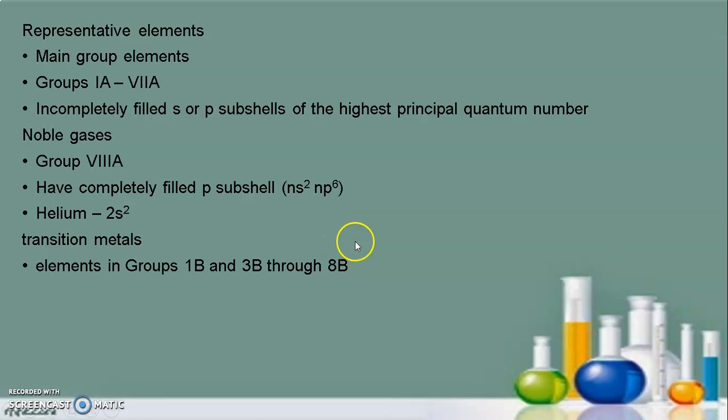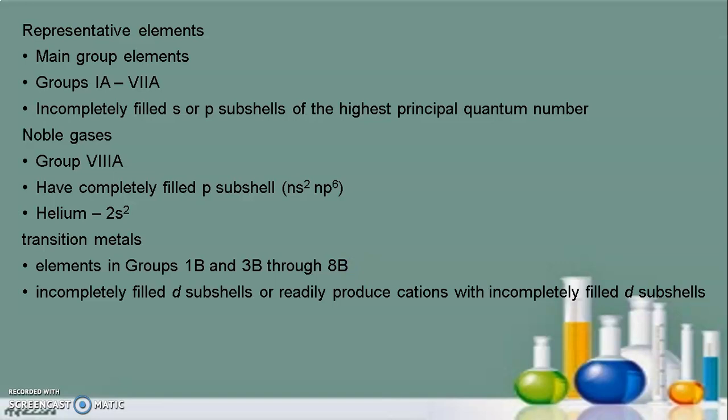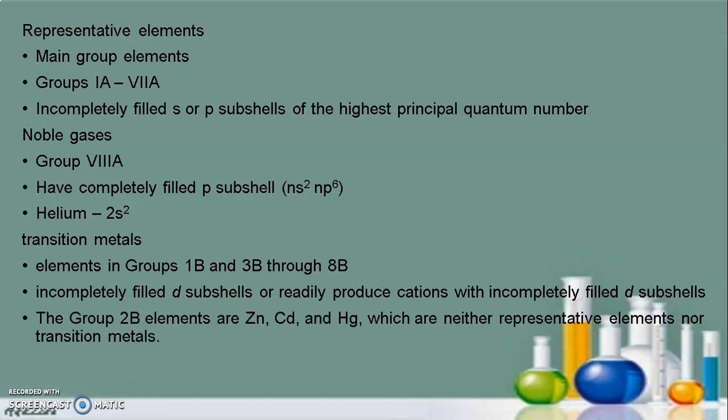These are the elements in groups 1B, 3B through 8B. They have incompletely filled d subshells or they readily produce cations with incompletely filled d subshells. The group 2B elements such as zinc, cadmium, and mercury are neither representative elements nor transition metals.